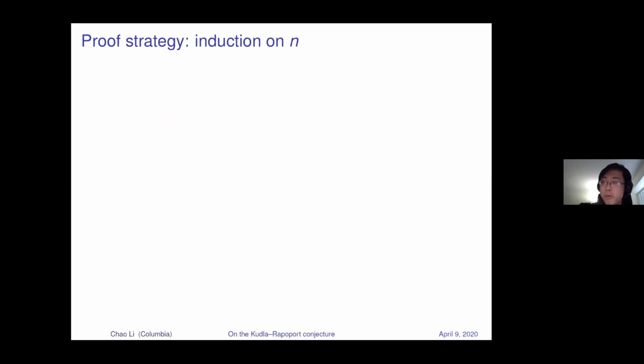All right, now let me try to explain the proof strategy of this local statement. It's going to be an induction argument on n, and the starting point of this induction is a fairly simple observation.